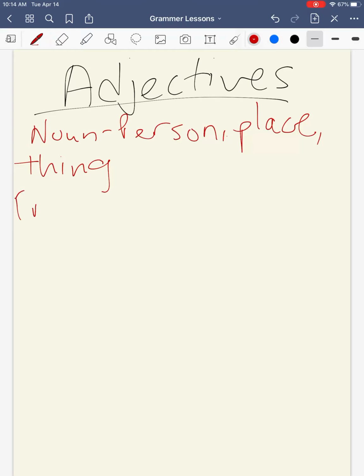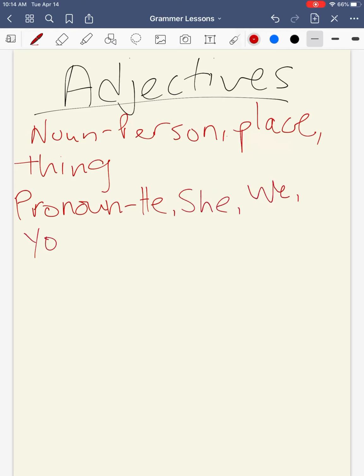A pronoun replaces someone's name. So can you think of some examples of a pronoun? He, she, we, you, they, them, etc. I already got we.